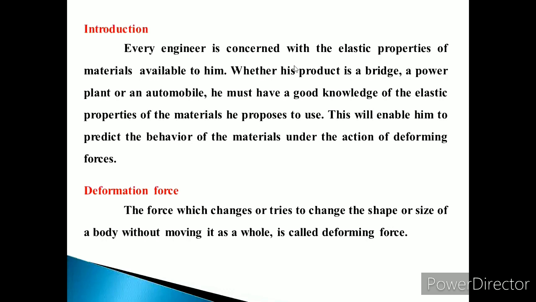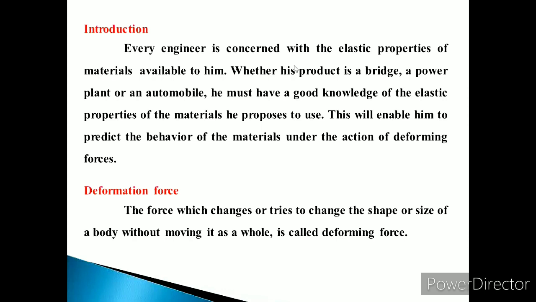Among the 3, we take the first one, solid. Solids have a definite volume and shape. What is the reason for that? The solids are made up of atoms. Each and every atom has some force between the neighboring atoms.